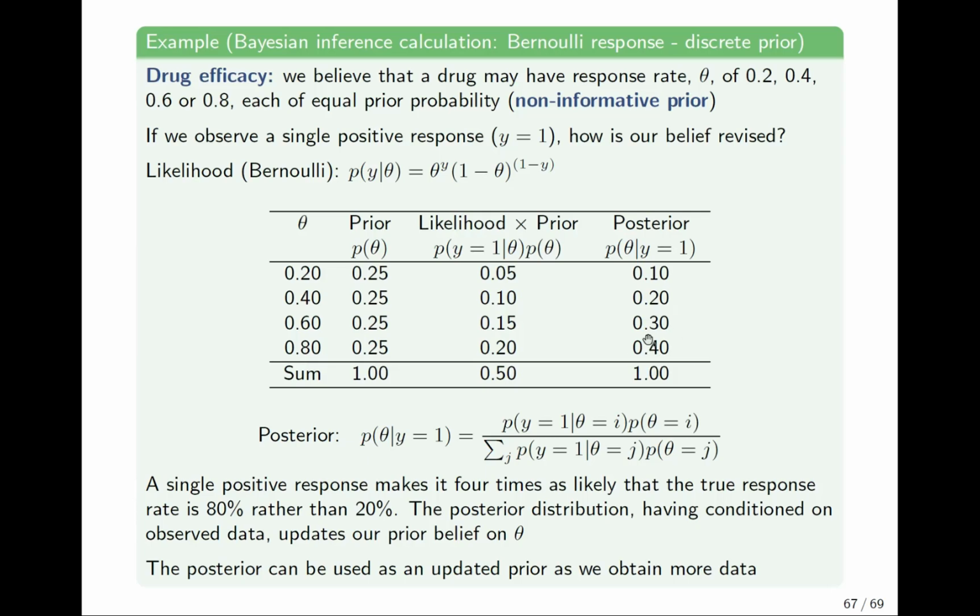That's the way Bayesian inference works. And then if we were to obtain further data in the future, independent of the data we already had, this posterior here could be used as the prior in the future calculations, and that would give us inference as if we had jointly conditioned on our original data and the new data that came to hand.